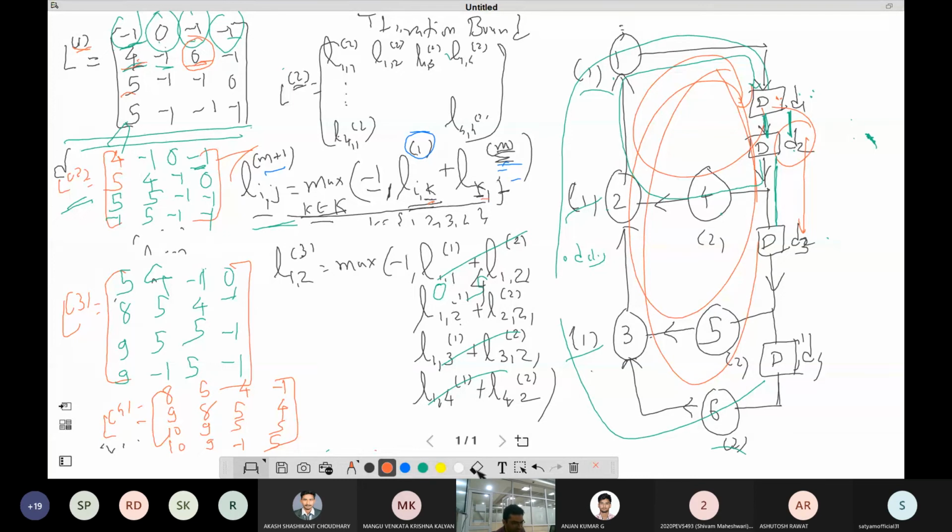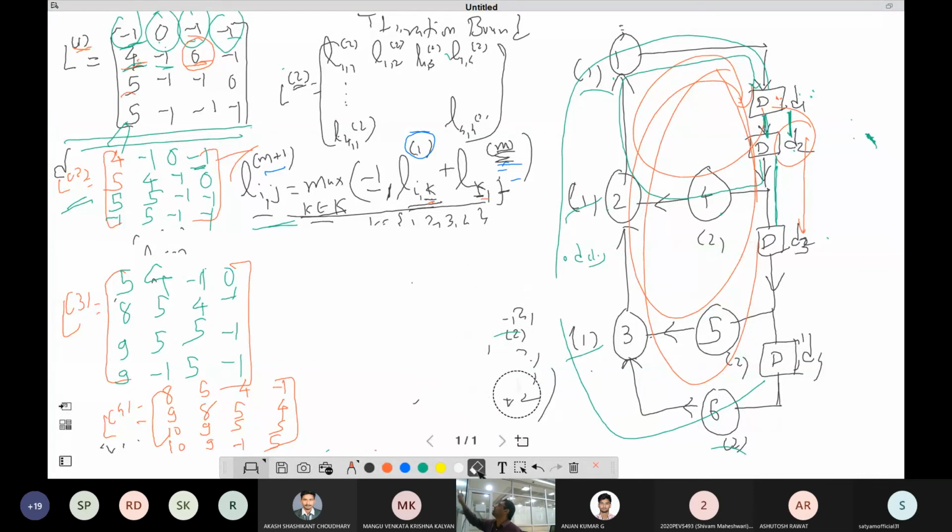Okay. Let me complete this example. I think we still have a few minutes. Now, the iteration bound. Once you construct L1, L2, L3, L4, all the matrices, then the final answer is the iteration bound.